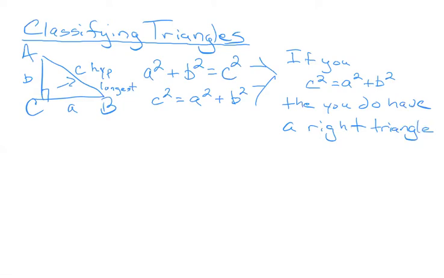Basically, we're going the other way around. The Pythagorean theorem states that if you got a right triangle, then A squared plus B squared equals C squared. The converse of the Pythagorean theorem goes the other way around.